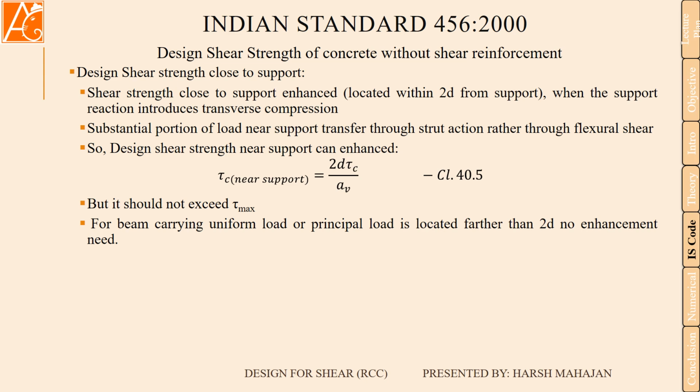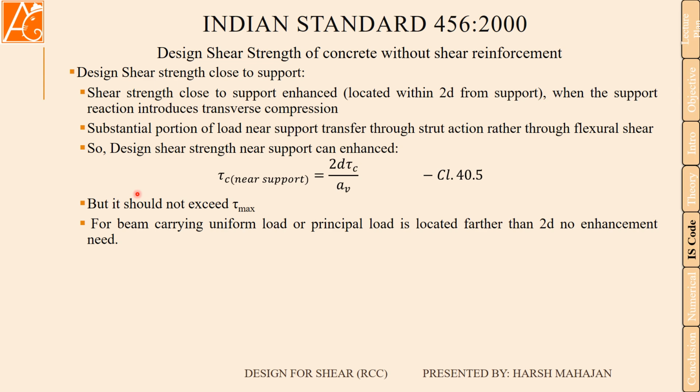So if we go close to the support, what is the definition of close to support? It means within 2d from the support, 2 times the depth of the beam. In this section, your support reaction introduces a transverse compression. That means it is going to enhance your shear strength.